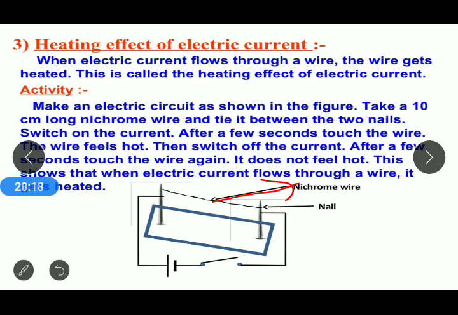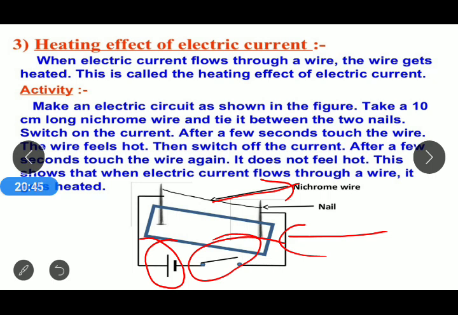We can easily get this nichrome wire: if the wire used in an electric heater is discarded, then we can easily get that nichrome wire. After that, we need an electrical cell, an electrical switch, and connecting wires. These are the basic requirements to perform the activity.